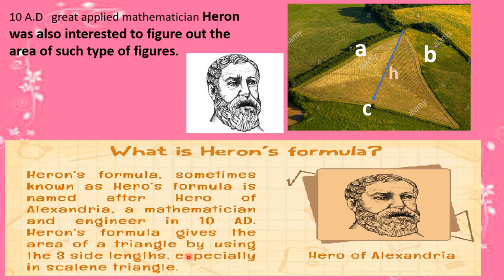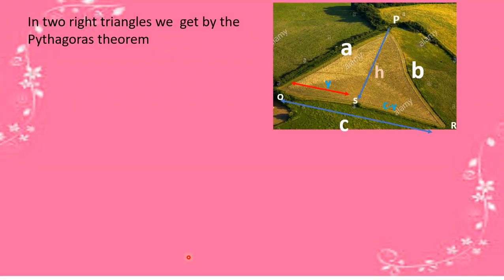So let's look at how the formula is derived. In this right angle triangle, if PQR is a triangle, a, b and c are the sides of the triangle, and if we draw the perpendicular PS to the side QR, and we assume that QS equals y unit, then SR becomes c minus y as QR side is of c unit.